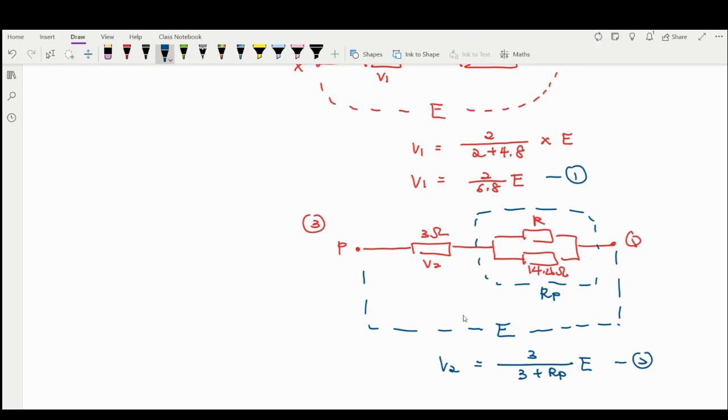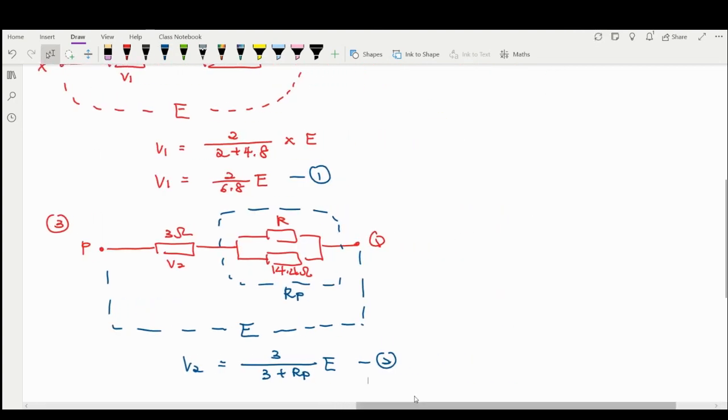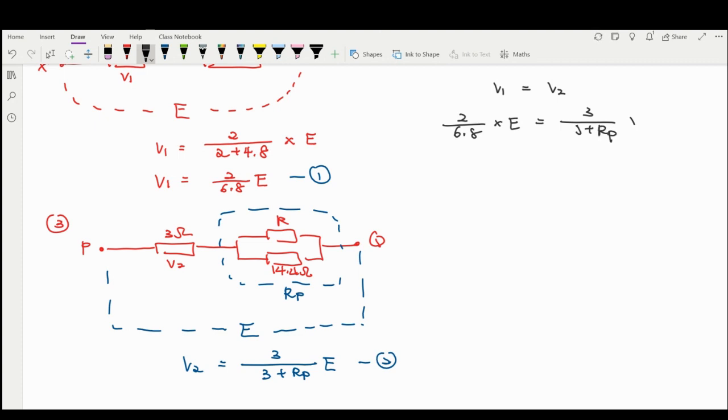We should solve these together, because we know that V1 should be equal to V2. When V1 equals V2, 2 over 6.8 times E should be equal to 3 over 3 plus the parallel resistance, times E. By solving this, you should have the parallel resistance as 7.2 ohm.